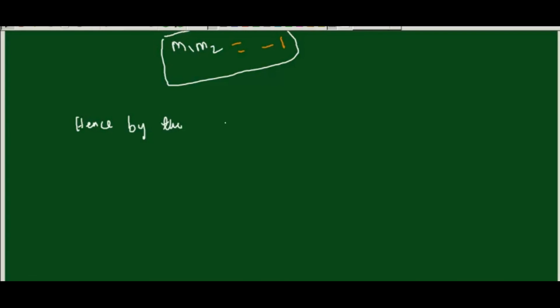If m1 into m2 is equal to minus 1, hence by the properties, all of you try to write the notes. That is why I'm writing here.